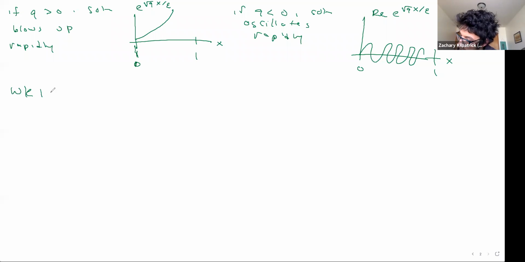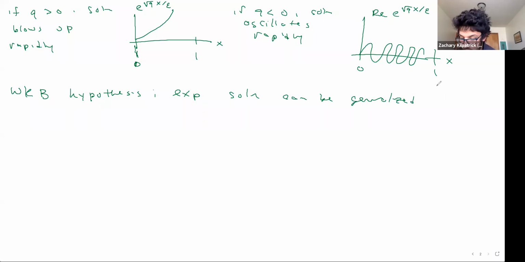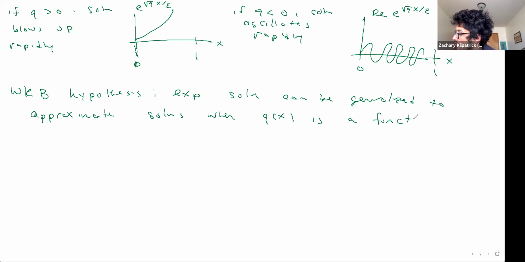In general, the WKB hypothesis is that the exponential solution that we're getting here can be generalized to approximate solutions when q of x is a function.